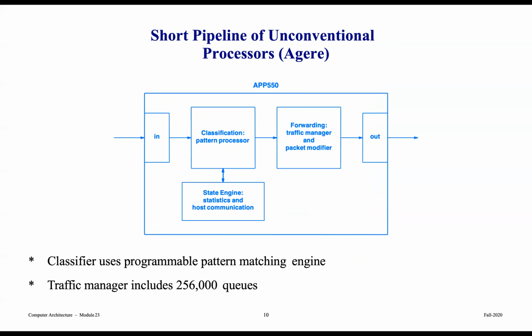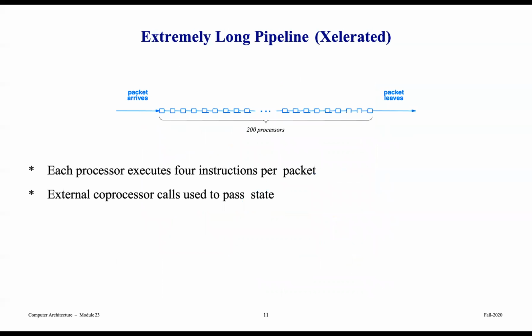The classifier uses programmable pattern matching, and the traffic manager includes a 256,000 queue that's available. Here is an extremely long pipeline. This is looking at an example where there are 200 processors, and each processor executes 4 instructions per packet.